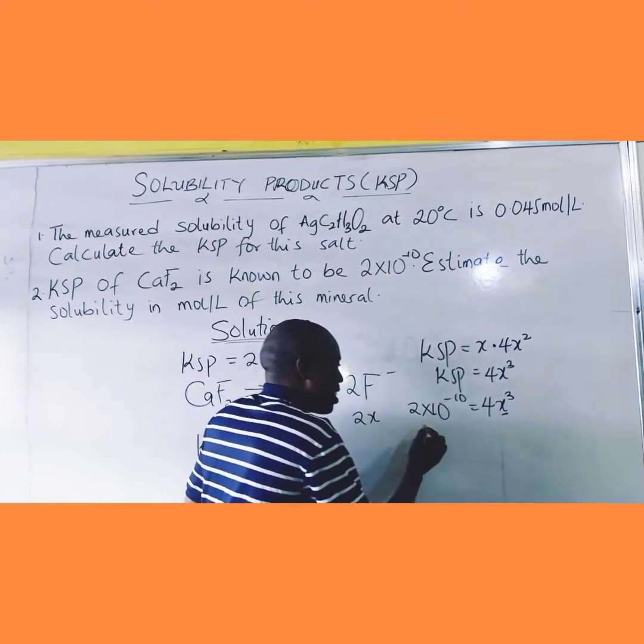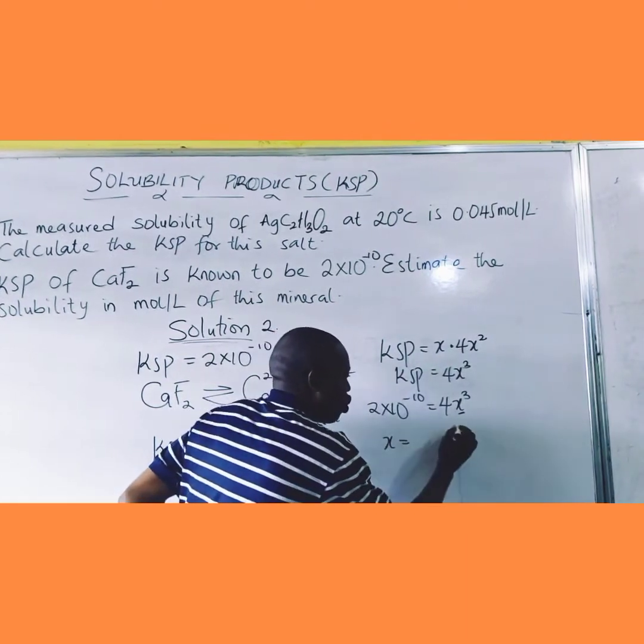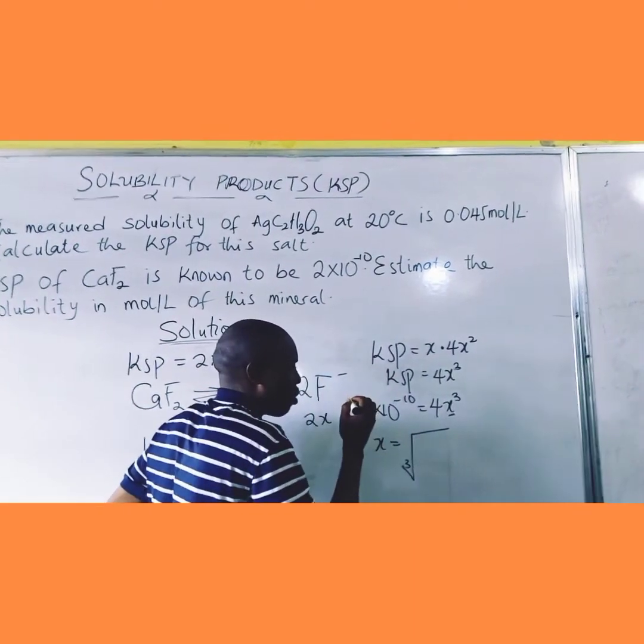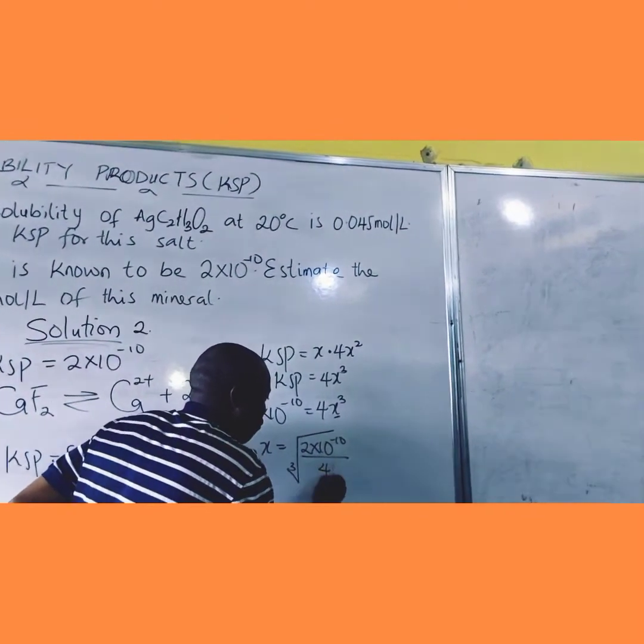My X will be equal to the cube root of 2 times 10 raised to the minus 10 over 4.